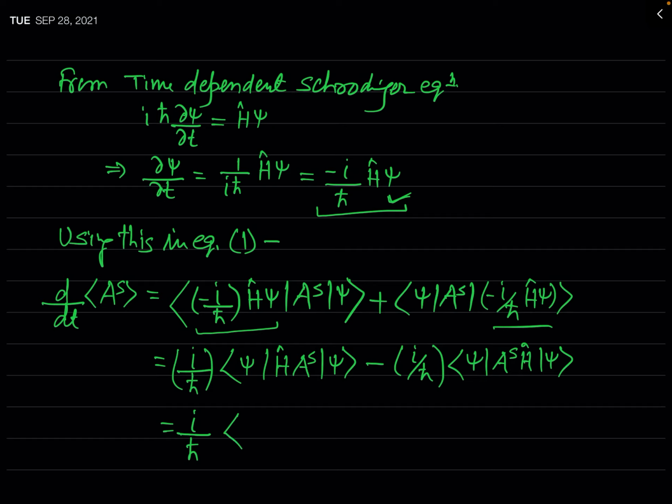You can see this can be written as bra psi H hat AS minus AS H hat, and ket psi.